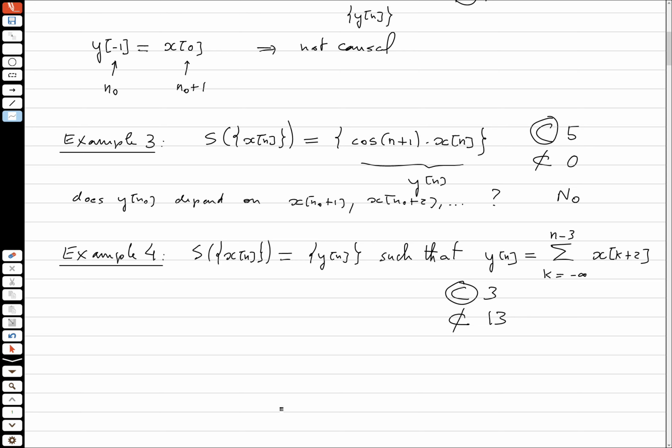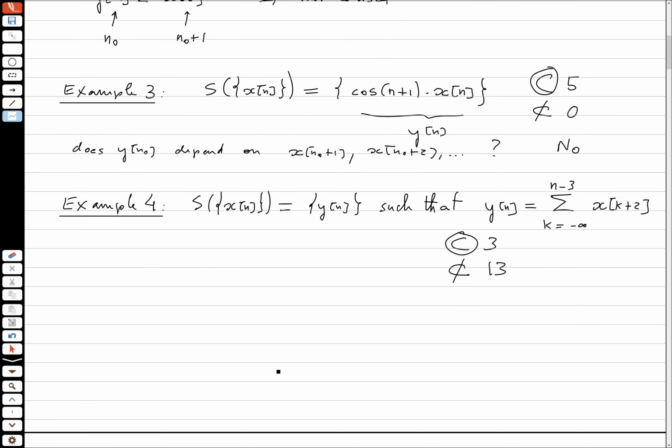So what is y of n naught? Okay, what is y of n? So you have a sum, right? I'm going to write it starting from the top, and I'm going to add up all the terms from the top to the bottom, because I cannot start from minus infinity.